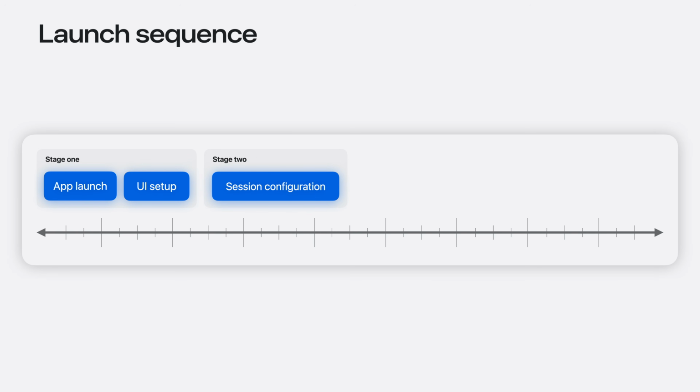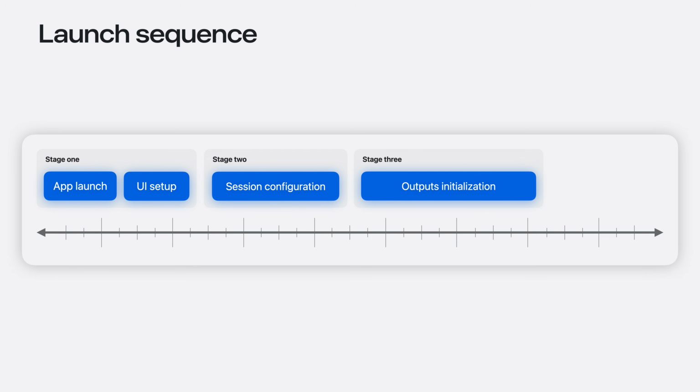Initializing the capture session, committing the configuration, and starting the session all take time and system resources. Third, once the session is started, all AV capture output objects initialize. This time varies with the number of outputs and their quality settings. Finally, preview begins streaming and frames start flowing to the app.